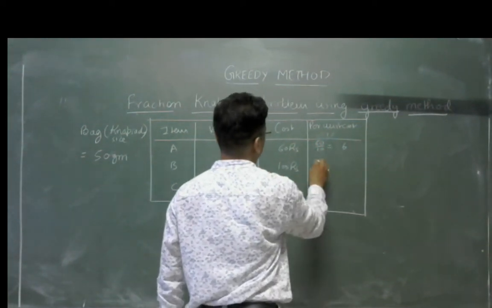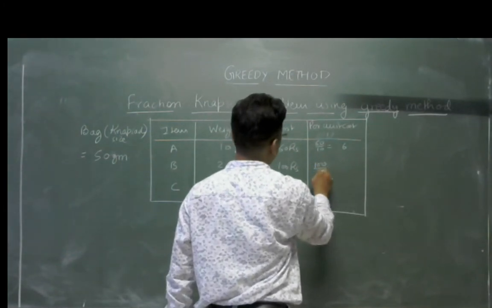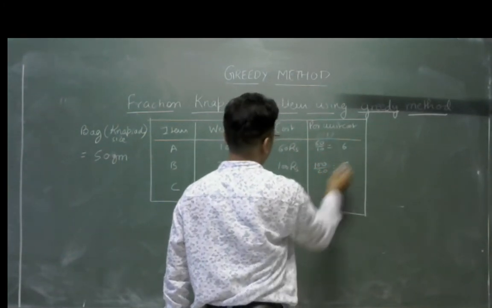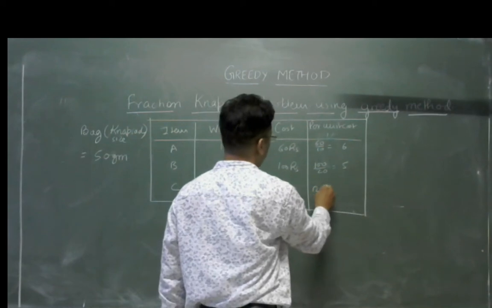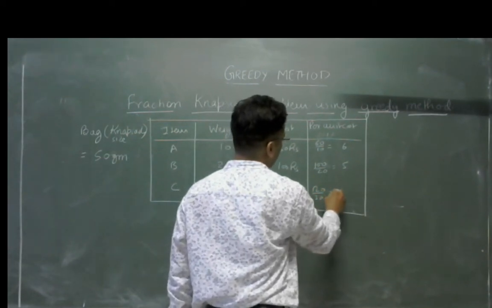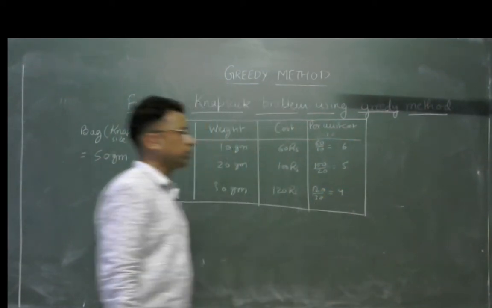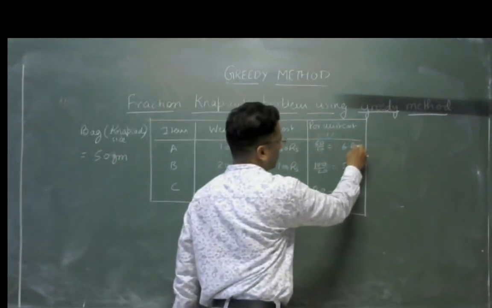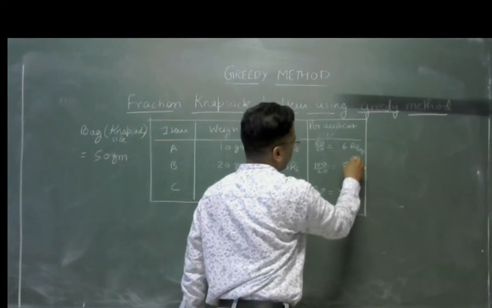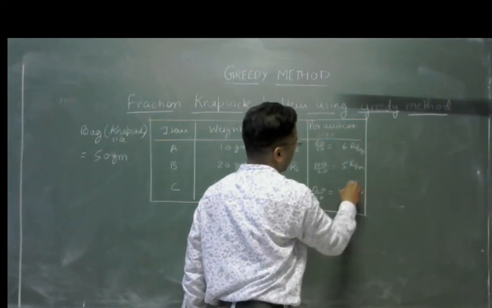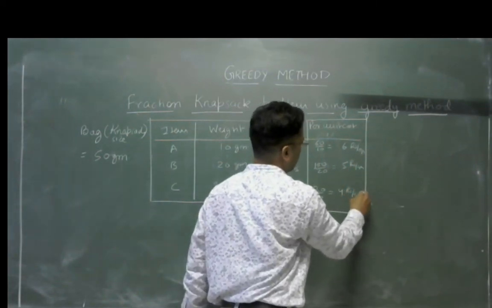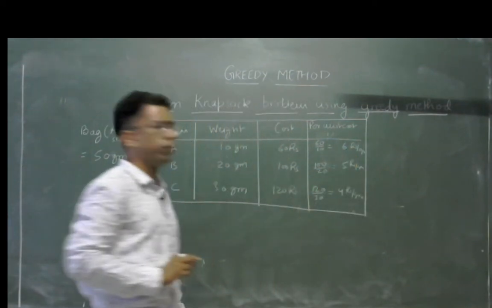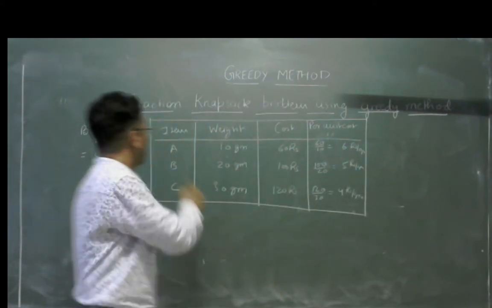Here 100 by 20 equals 5, and in this case 120 by 30 equals 4. So 6 rupees per gram, 5 rupees per gram and 4 rupees per gram. So the most valuable one is item A.